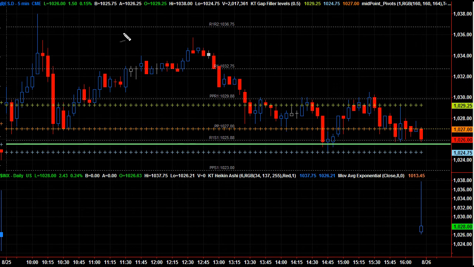Most people looking for a full gap fill either would have been stopped out, or wouldn't have got a fill because it only just touched it to the tick, 1024.75. It didn't trade 1024.50, so those looking for the full gap fill price probably wouldn't have got it.